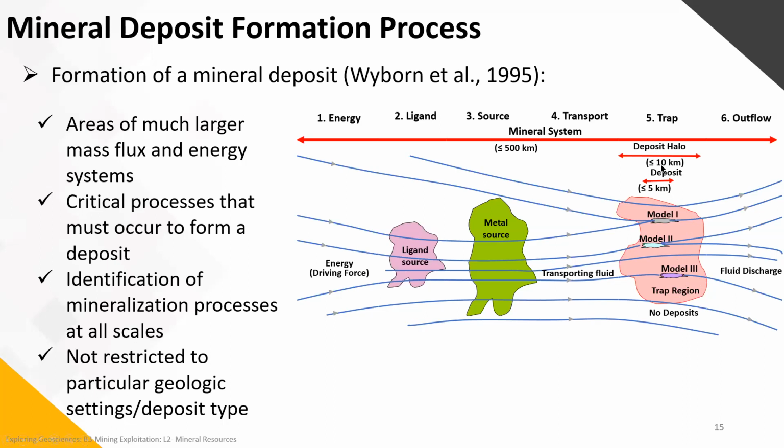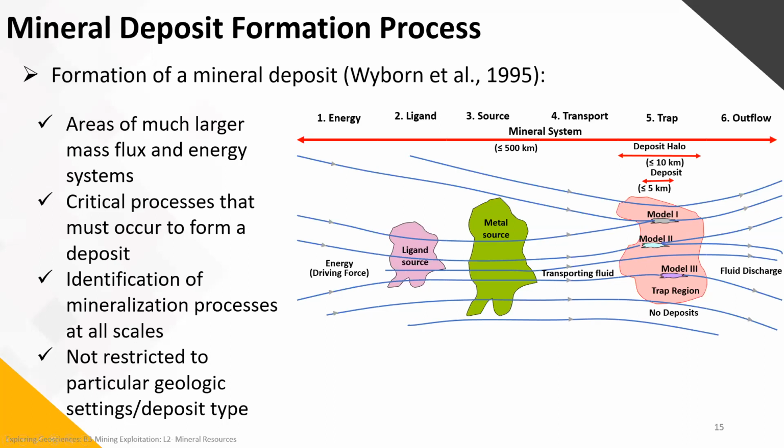So the scale here is also important to know what we are looking for. And finally, we need a zone of what we call fluid discharge, meaning when the fluids that were transporting rich metal got trapped and precipitated the metals, the fluids have to get out of the system, which is our fluid discharge outflow zone.